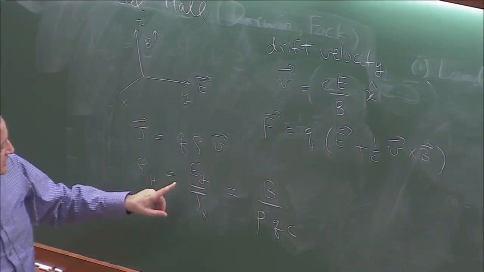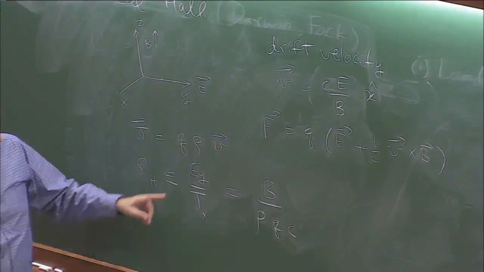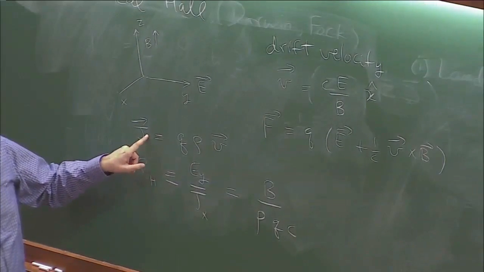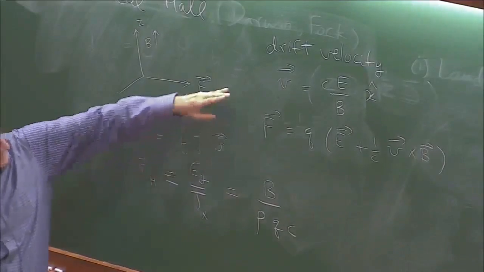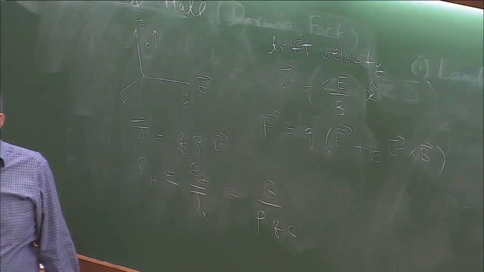Okay, so all I have done here, this is the definition for the Hall resistivity. Here I substitute for Jx this quantity with V given by this equation, and I get the quantity on the right hand side.